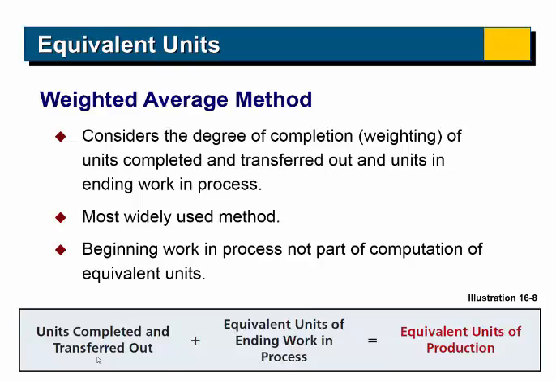You're going to get to what extent they have been converted and multiply that times the actual quantity still in work in process in order to get the equivalent units of ending work in process. All right, so these two numbers that we're adding together are our quantity, number of units, and we are going to call them the equivalent units of production. Make sure you get that little formula down pat before you proceed on in these videos.